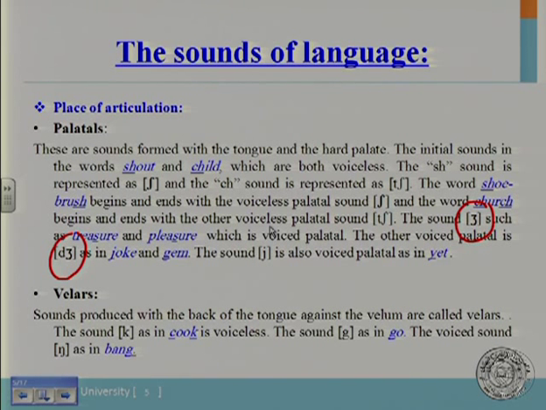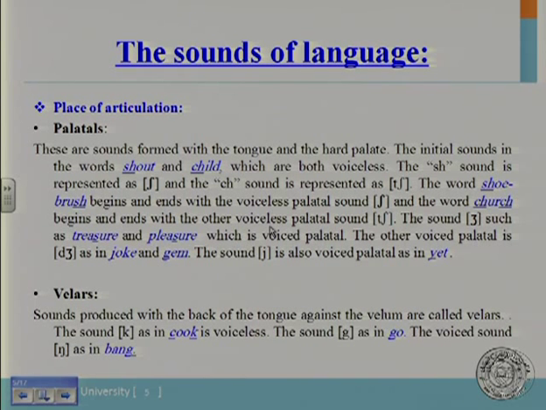See, we have pleasure, it's only j, but in pronouncing joke, we have d, j. This is a combination of d and j. So these two sounds have only one symbol, that is j for joke and also j for gym. And as I said, this sound is a voiced palatal sound.